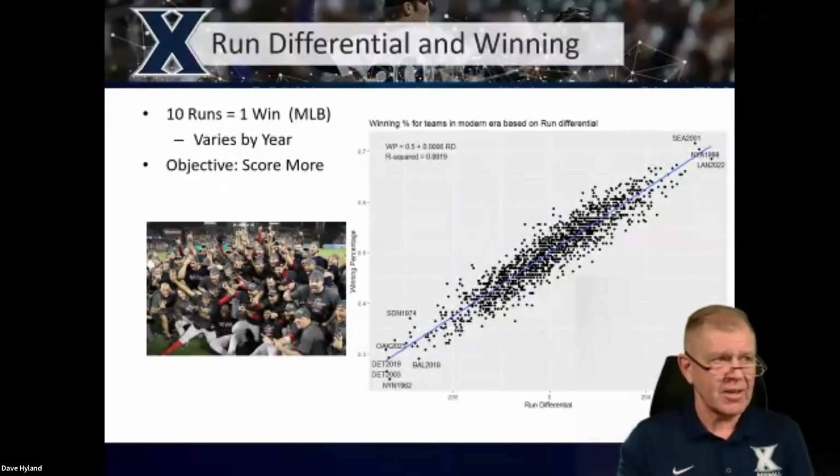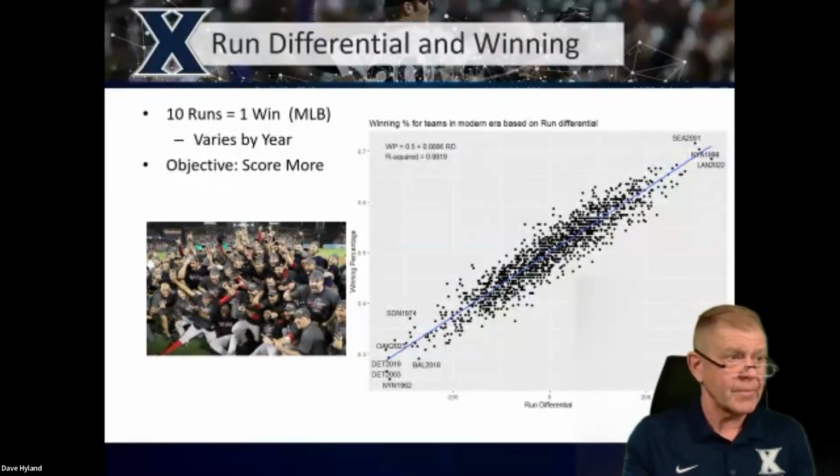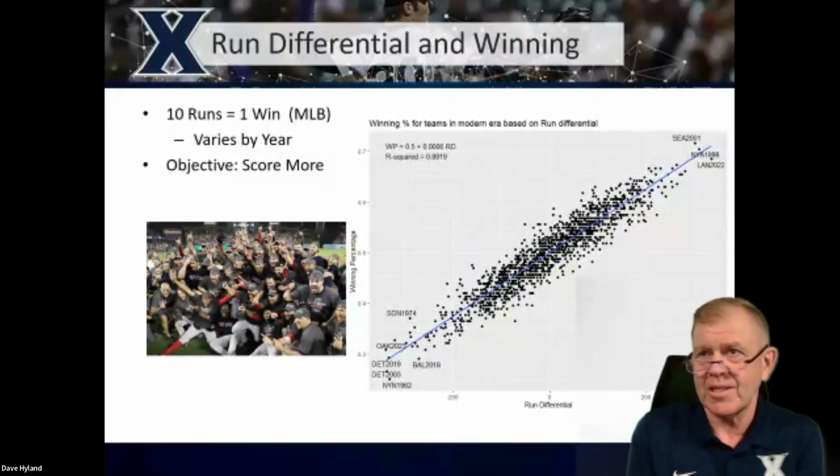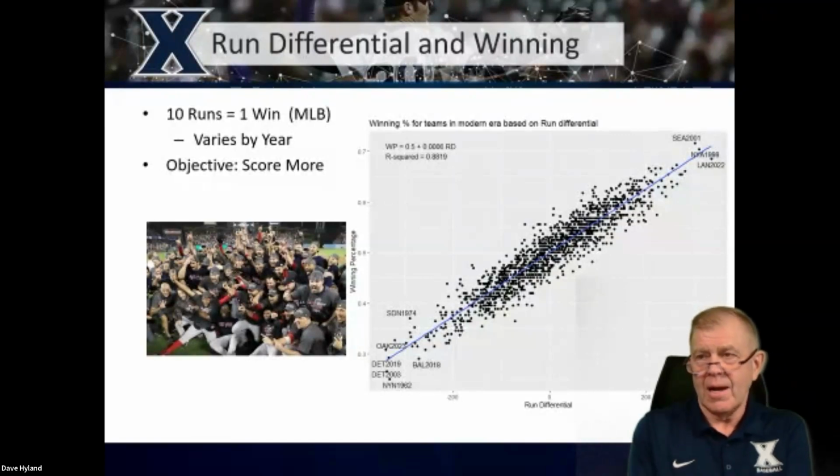So when we start to think about things like WAR, where we're trying to figure out how much value is created by a player, we're looking at things that score runs. And if I find activity that scores 10 runs, that should give us another win, right?